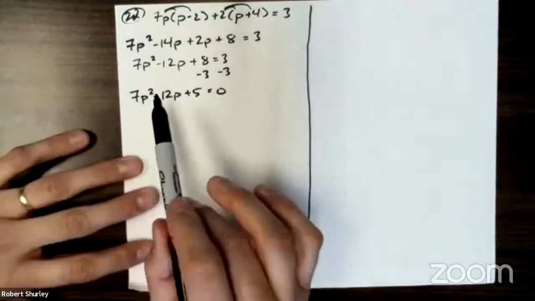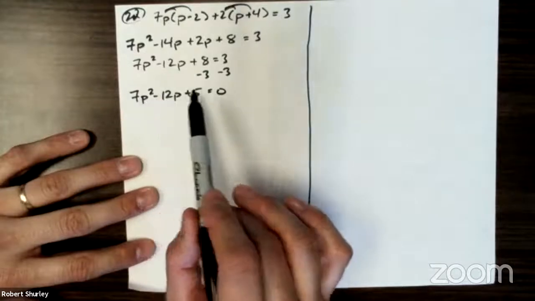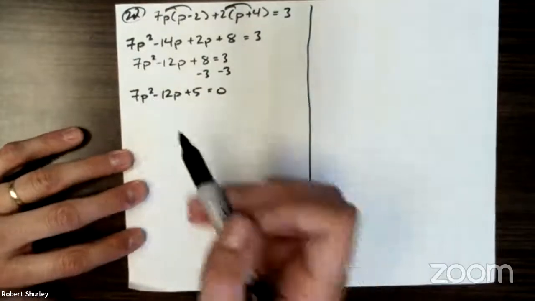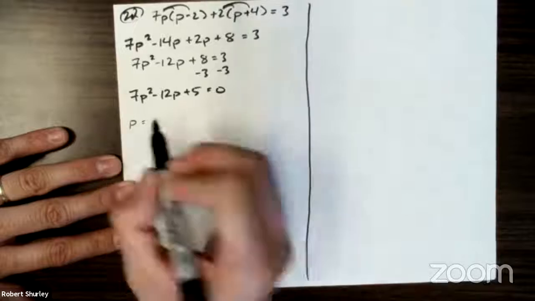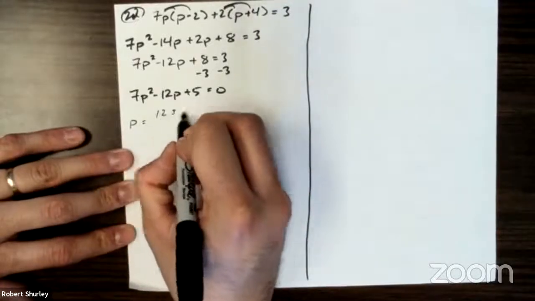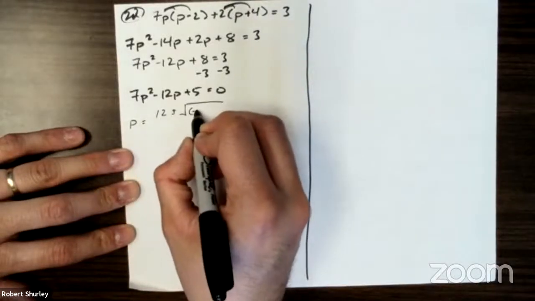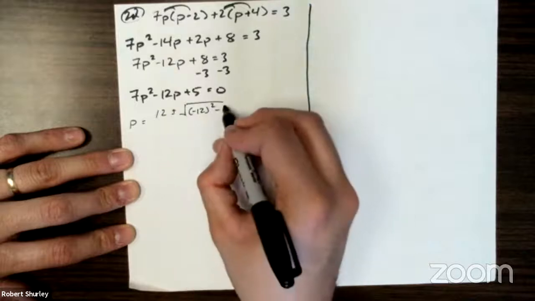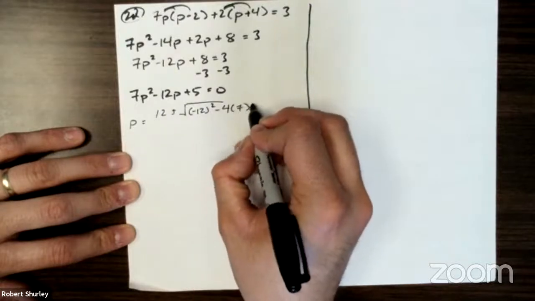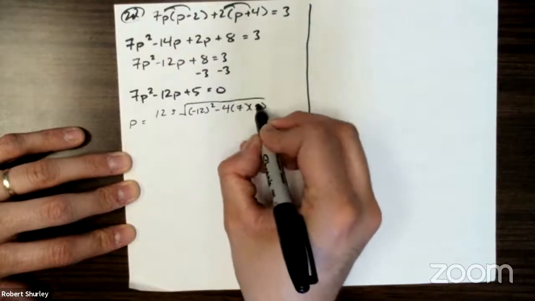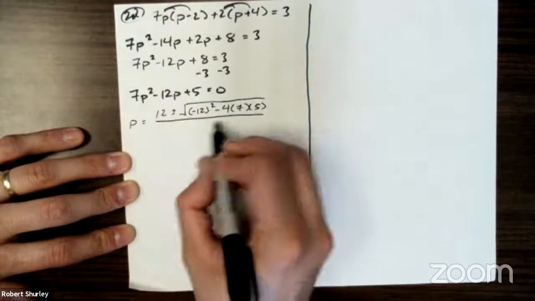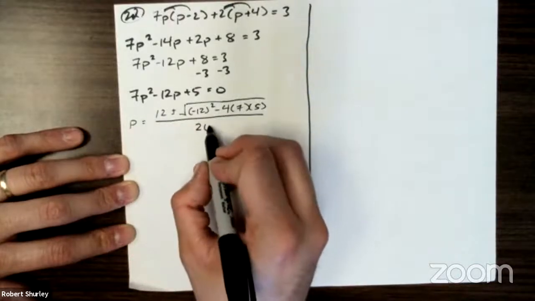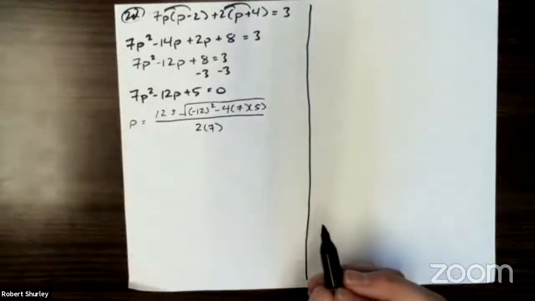Okay, so I'm going to solve this one out. So p equals 12 plus or minus the square root of negative 12 squared minus 4 times a times c, all over 2 times a.